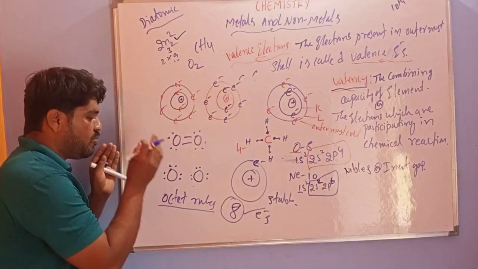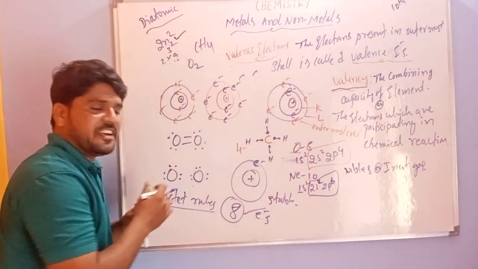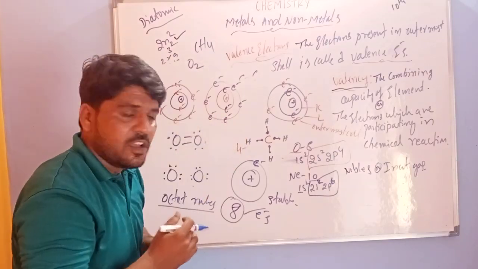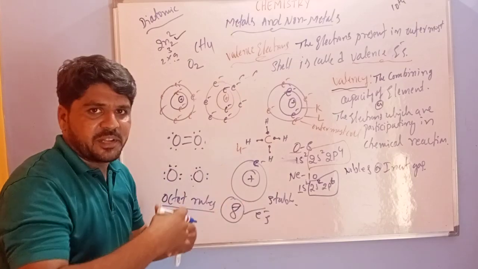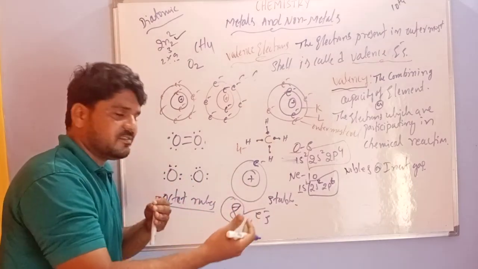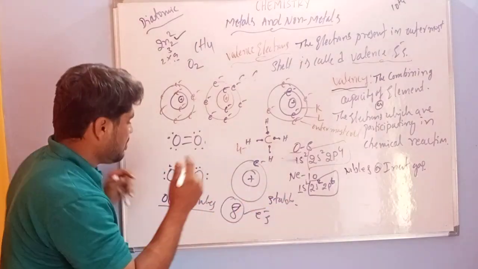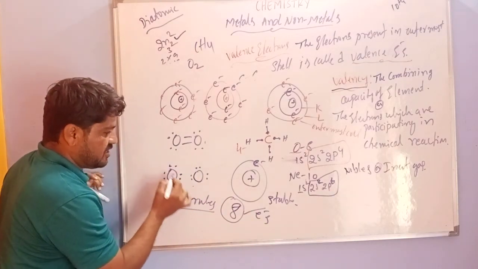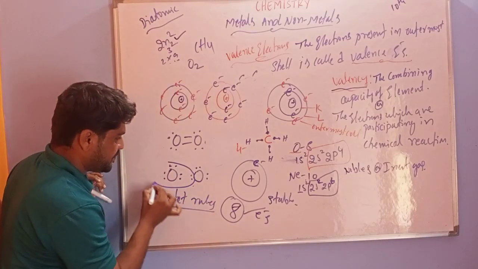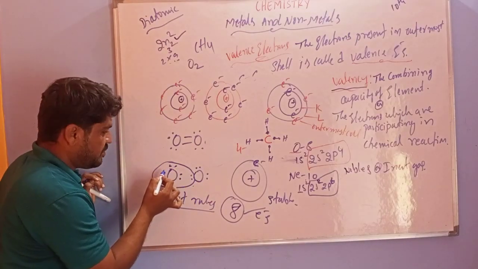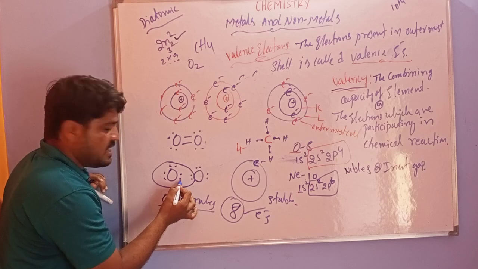So how can an element get the octet rule, or follow the octet rule? By giving or accepting, transfer of electrons, giving or taking. So this oxygen atom, if you consider it, we have observed this is 2 plus 2, 4, 4 plus 2, 6.